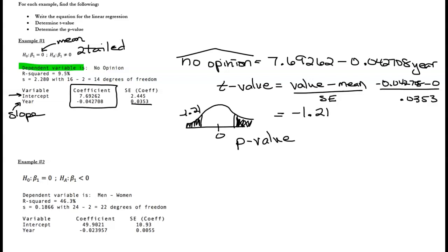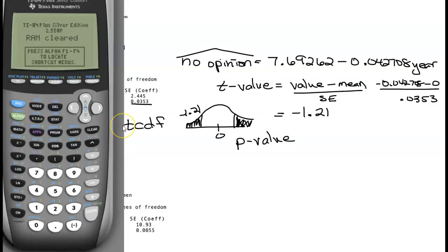And so this is a t, so we're going to use TCDF. Okay, let me go get my calculator. Okay, so I found my calculator. Again, it's a t, so we're doing TCDF. So second distribution. Here's TCDF. The lower, we don't really know. It's really on the left, so that's a good number. The upper is negative 1.21.